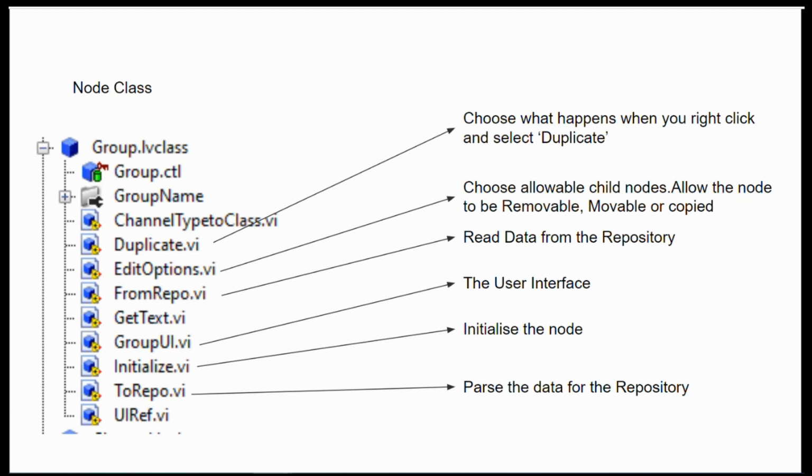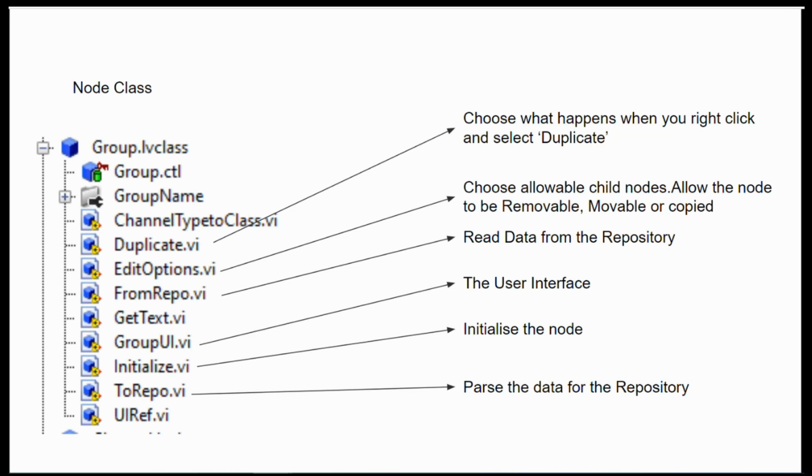And for each node that's customizable, that happens through the edit options. Then you have the from repo function. This function reads data from the repository. If you were just using the shipped example and doing just one device, you wouldn't have to touch this. But the moment you go onto multiple devices, we need to customize this for our nodes.